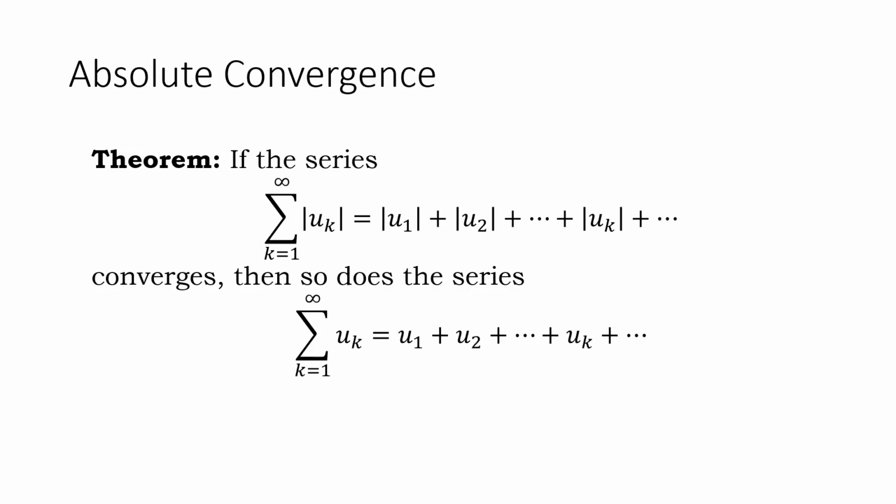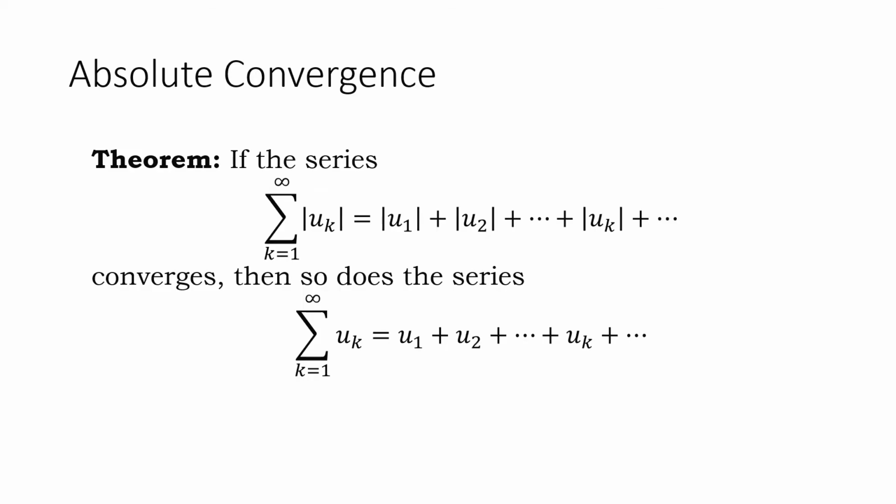So if the series, the summation of the absolute value of u sub k from 1 to infinity, equal to the absolute value of u sub 1 plus the absolute value of u sub 2 plus so on plus the absolute value of u sub k plus so on, converges, then so does the series, the summation of u sub k from 1 to infinity, equal to u sub 1 plus u sub 2 plus so on plus u sub k plus so on.